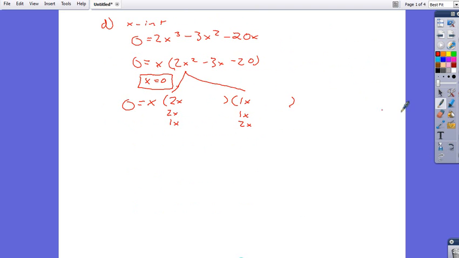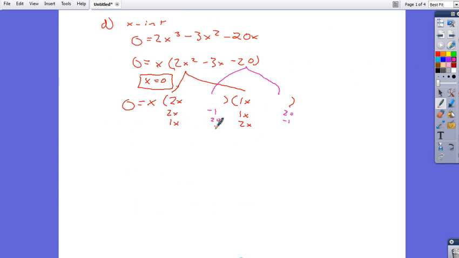Now on this one, it's more difficult because negative 20 has many factors. It could be negative 1, 20, or 20, negative 1. And this time order does matter, because the negative 1 goes here and then the 20 goes here, so if you switch them, order does matter.